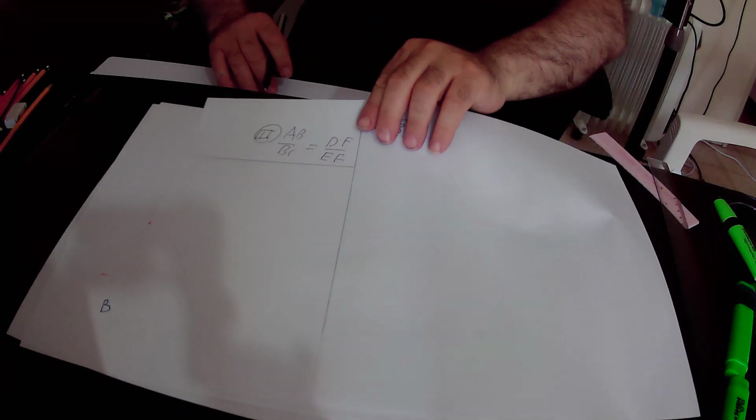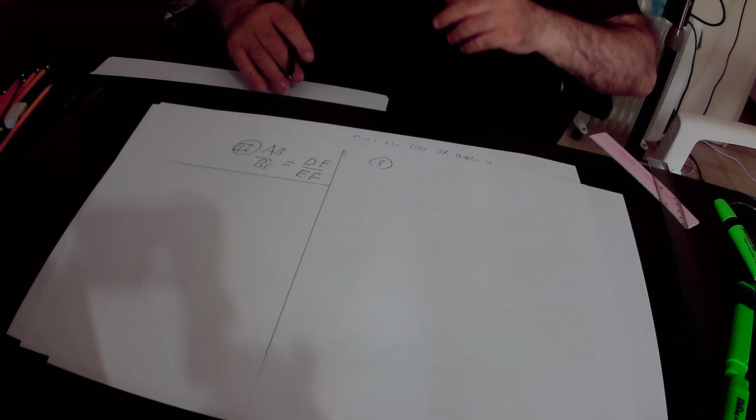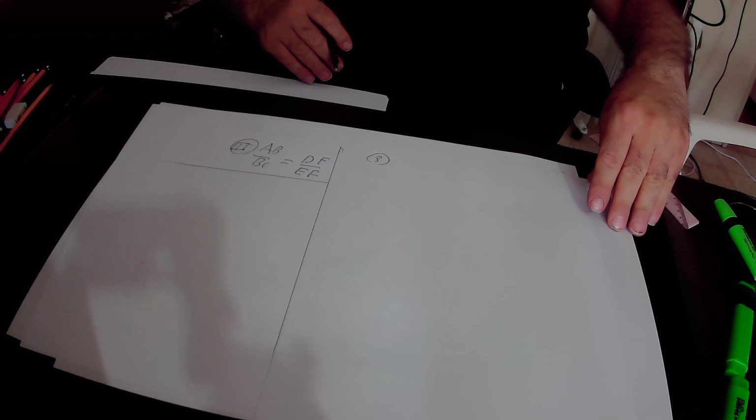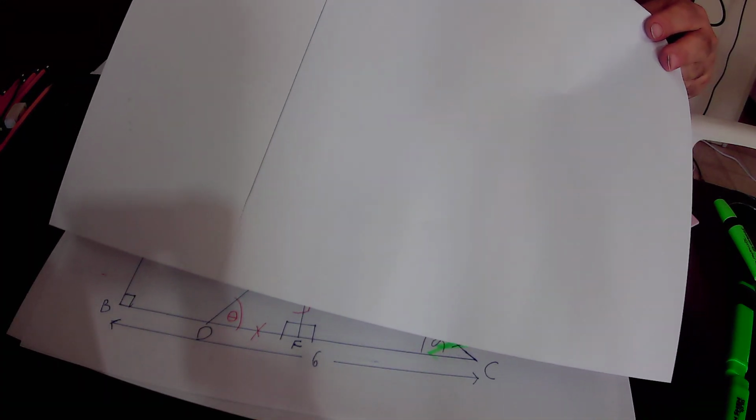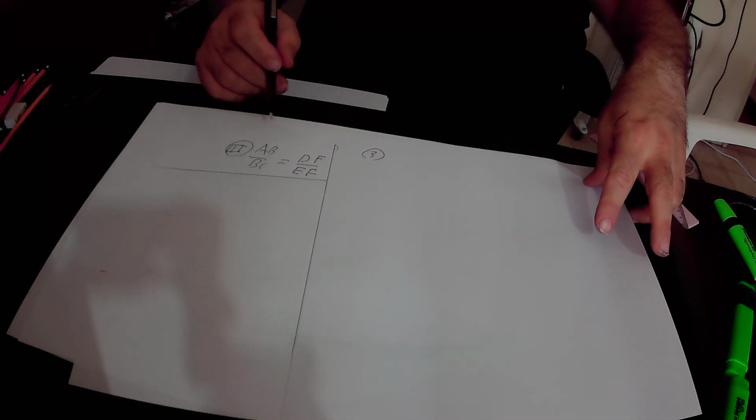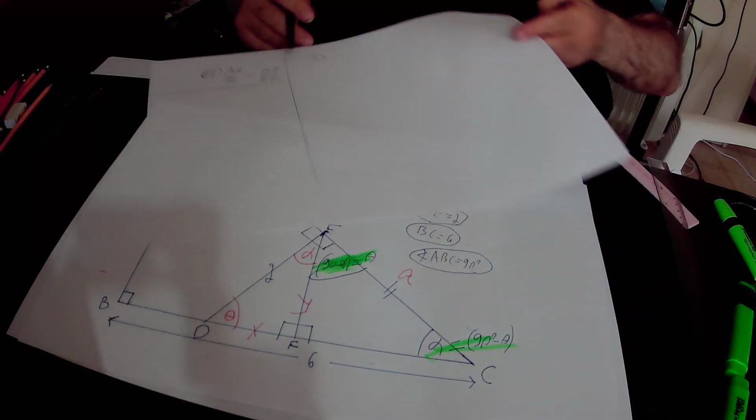I'll repeat again. From the fact that the right triangle ABC is similar to the right triangle EDF, we conclude that AB over BC equals DF over EF.